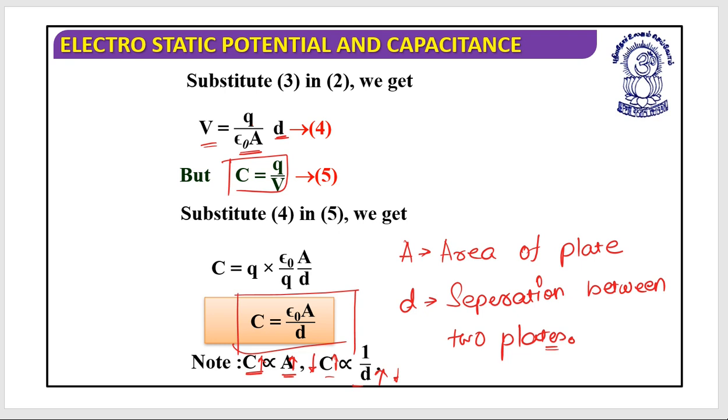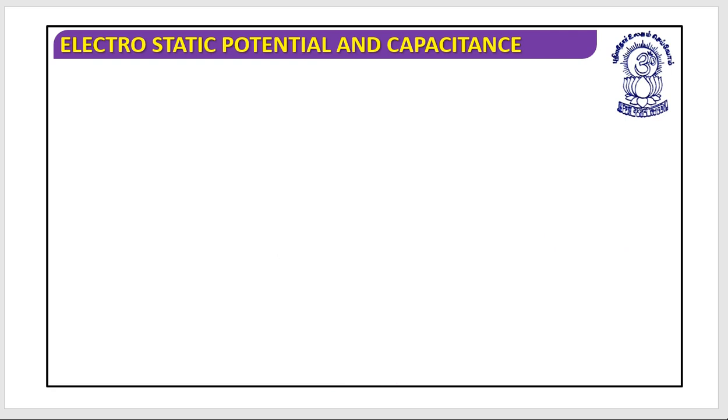Let's look. Suppose this is one of the capacitors. This is having a positive charge, and this is having a negative charge.